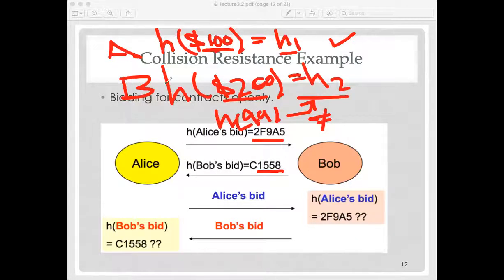So why do we need collision resistance? Let's say that Alice is super smart. فAlice تيجي تقول I'll do the following.